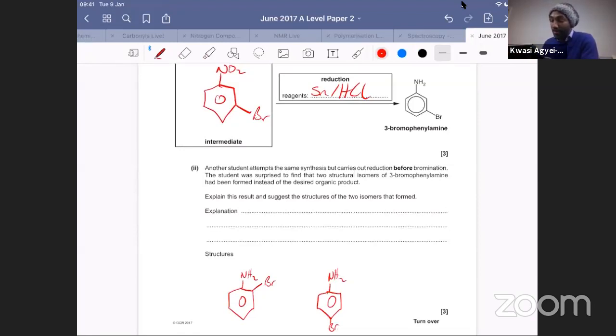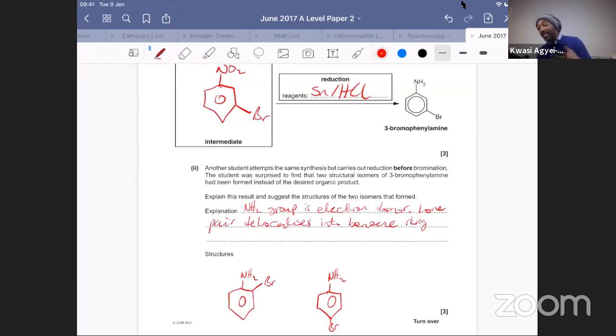Okay, so your amine, phenylamine, the NH2 group, is an electron donor.